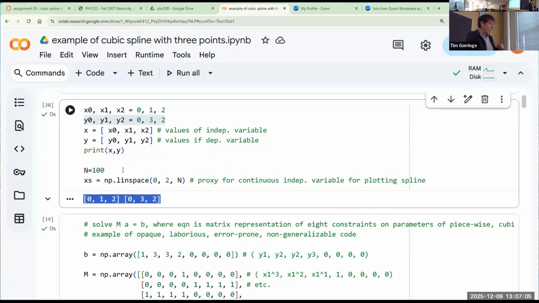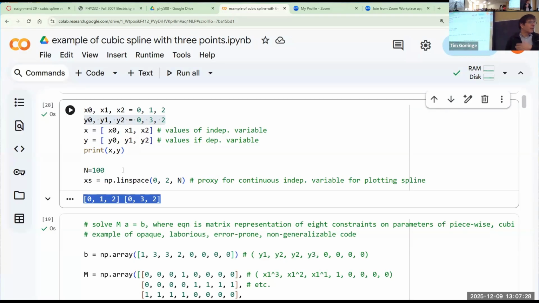In this cell, when we come to plotting the spline that goes through the 3 data points, I want to plot it as a continuous function through the 3 data points. I need a proxy for a continuous independent variable.